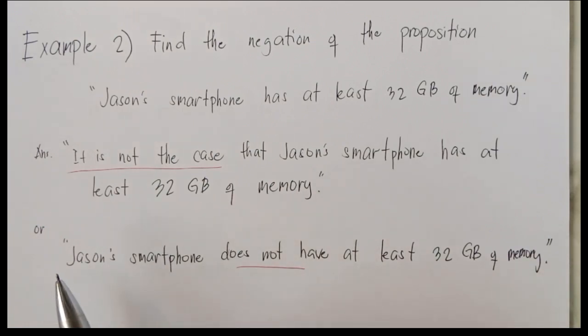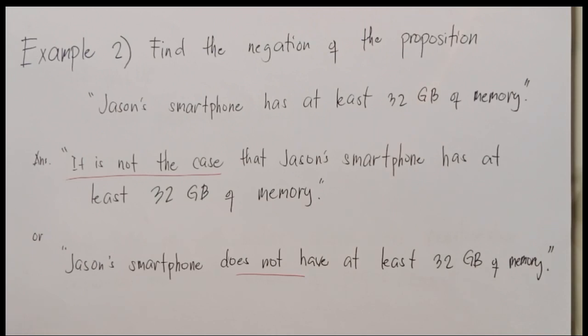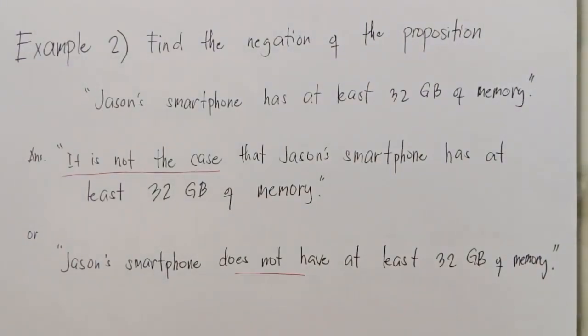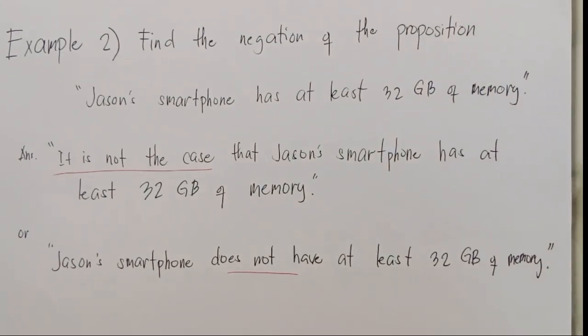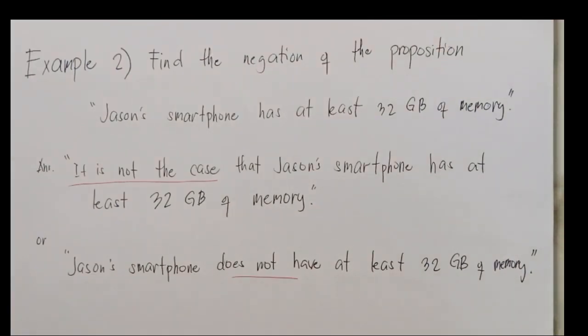Or we could rephrase the statement as: Jason's smartphone does not have at least 32 GB of memory. You have learned how the negation gives an opposite meaning to the first proposition. That's how to form the negation of a proposition.